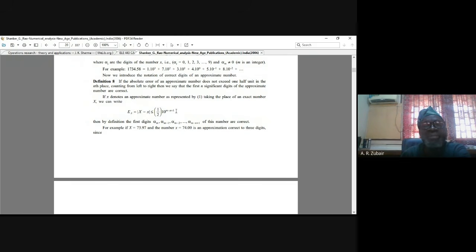What is m? If the absolute error of an approximation does not exceed 1/2 unit in the nth place, counting from left to right, then we say that the first n significant digits of the approximate number are correct.